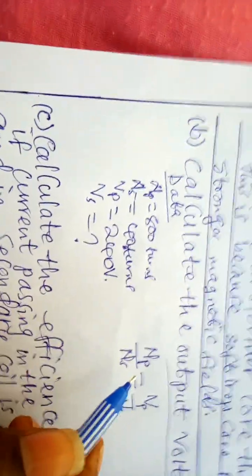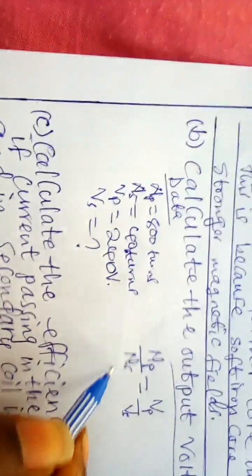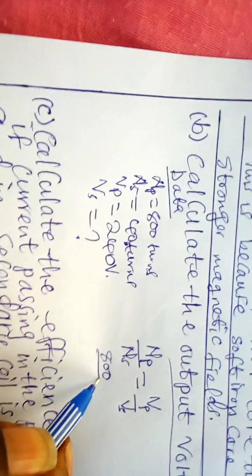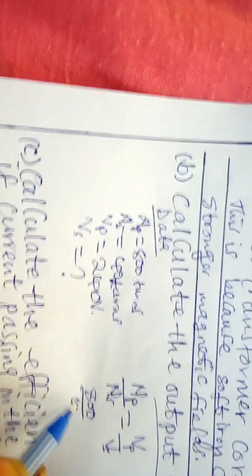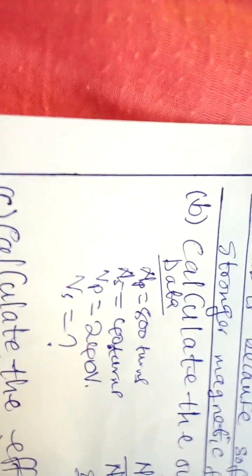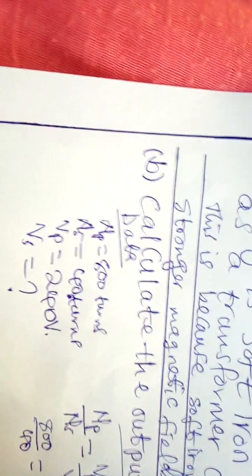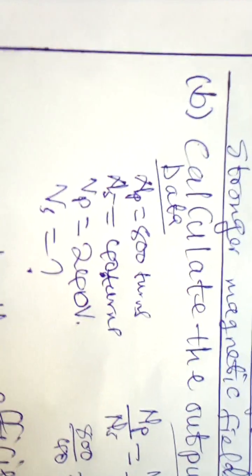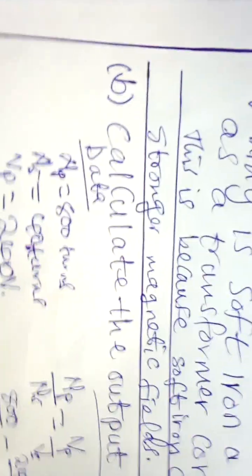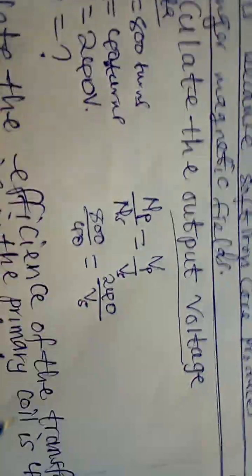The number of turns in primary is 800, over the number of turns in secondary, which is 40. This is equal to the voltage in primary, VP, 240, over the voltage in secondary, which is the one we are looking for.